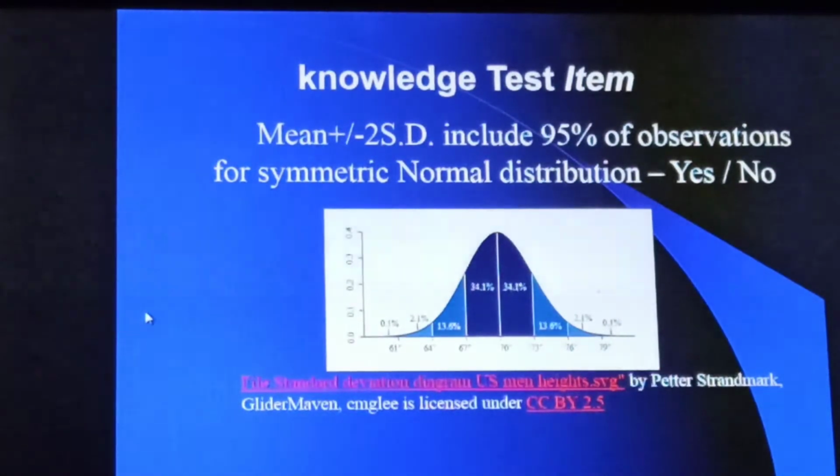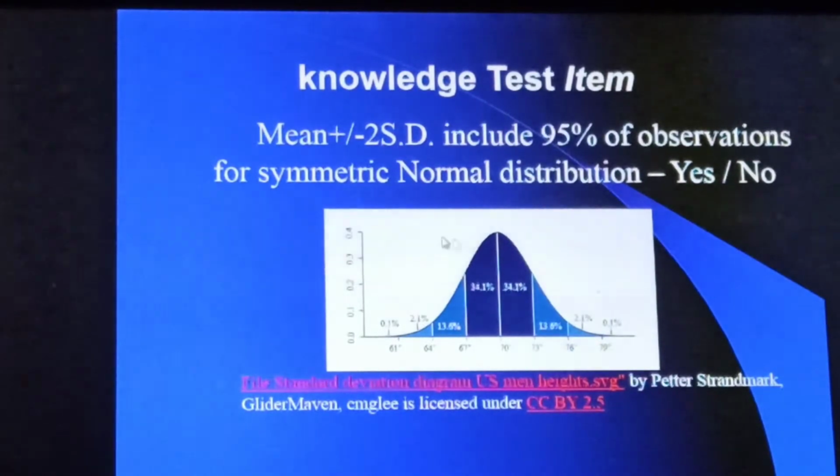So let us have a knowledge test item. Mean we have computed, standard deviation we know, multiplied by 2 or 1.96. Mean plus or minus 2 times, or 1.96 times, standard deviation includes 95% of observations for a symmetric normal distribution.